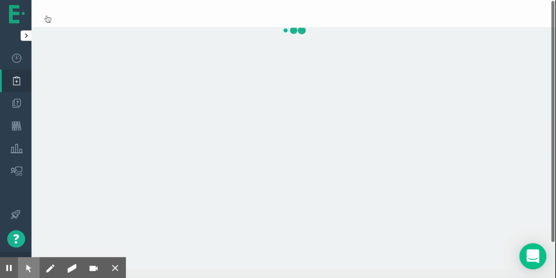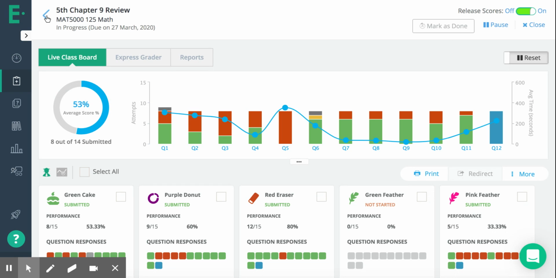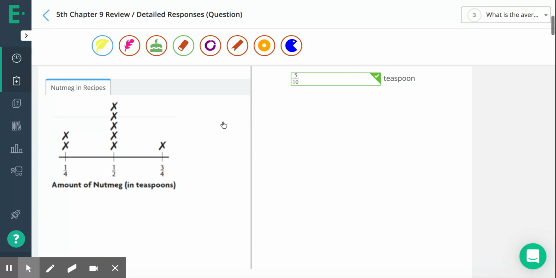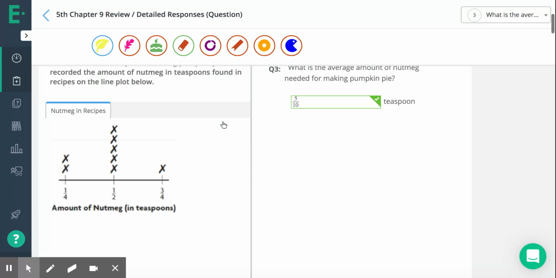All right, so I have the number 8 and the number 3 3/4 memorized in my head. When I go over to question number 3, I need to put those together. So when I find the average amount of nutmeg, I need to take that calculation, the total that everything represents, so the total number of teaspoons divided by the number of X's, or the number of data points.